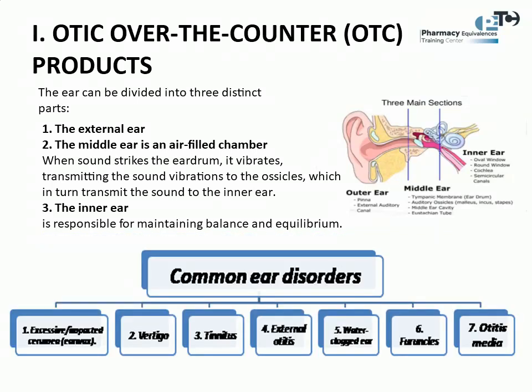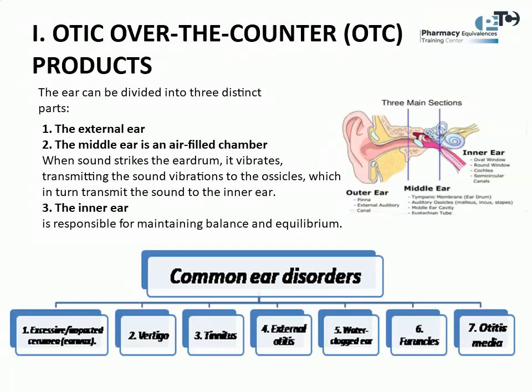Now we will start with the common ear disorders, which is the most important part in this session. We must know the common ear disorders and how to deal with them, whether we can dispense a medication or refer to the physician or medical provider. What are the common ear disorders? We have here 7 ear disorders.